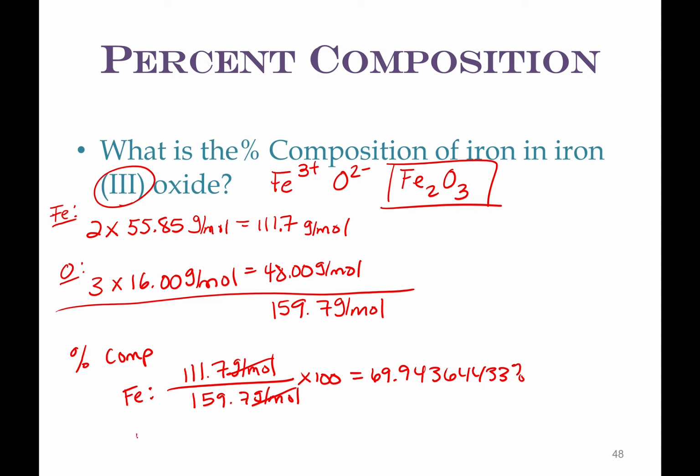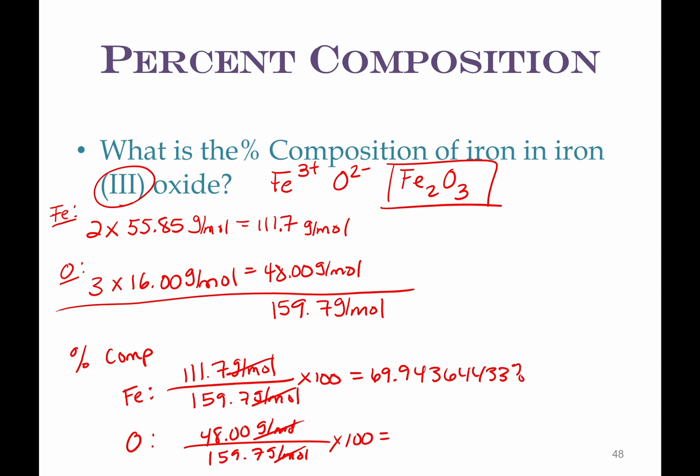And for oxygen, we have 48 grams per mole divided by 159.7 grams per mole. Again, or AMU. Most of the time people use AMU for this. They're equivalent, so it doesn't matter. 48 divided by 159.7 times 100.